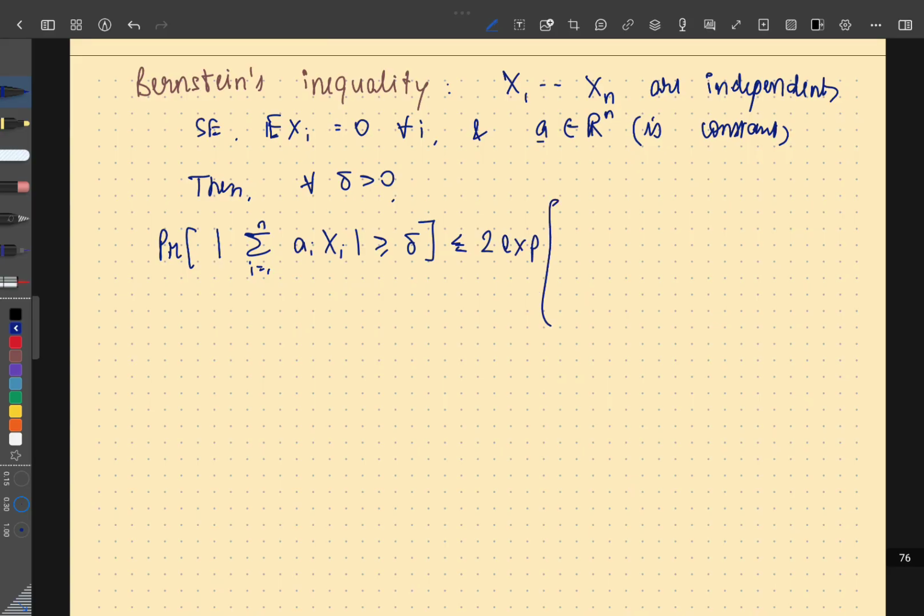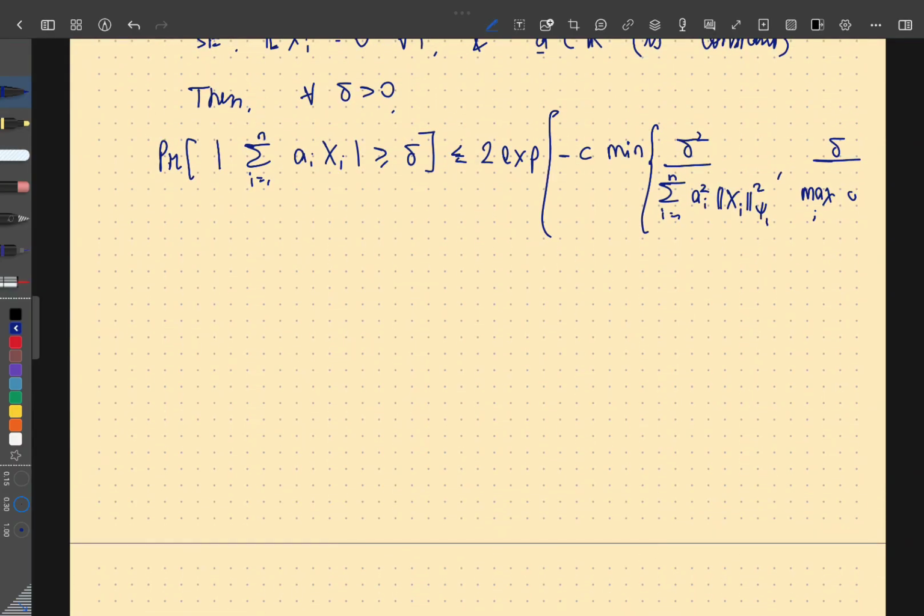So this is 2 times e to the power of minus some universal constant times the minimum of delta square by the summation i equal to 1 to n of ai square times the subexponential norm of xi square, and delta by the max over i of the subexponential norm of xi.